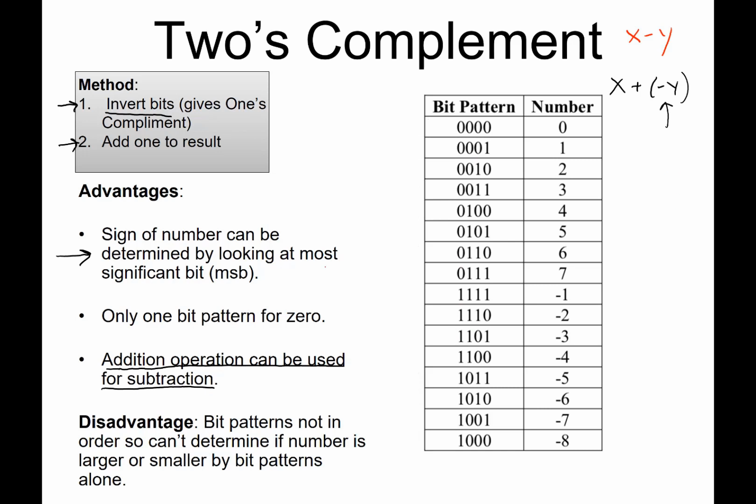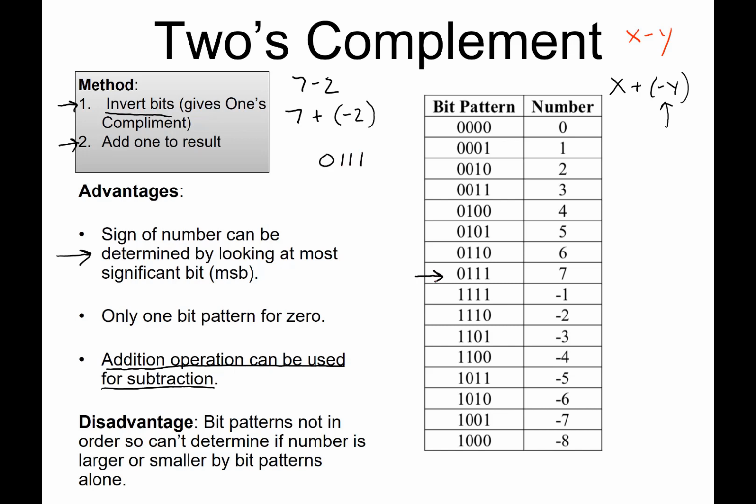So let's do 7 minus 2. Let's rewrite this equation. We can use the addition algorithm by saying 7 minus 2 is equal to 7 plus -2.